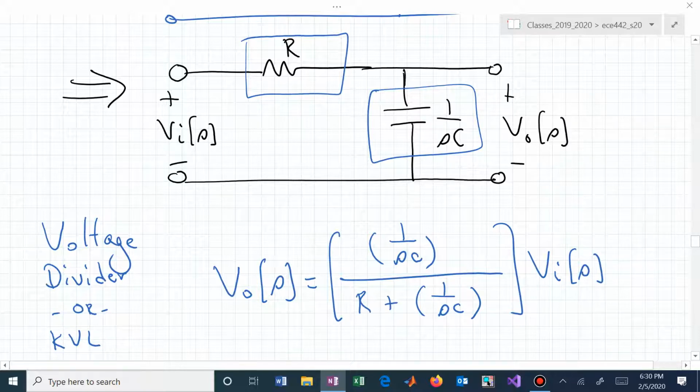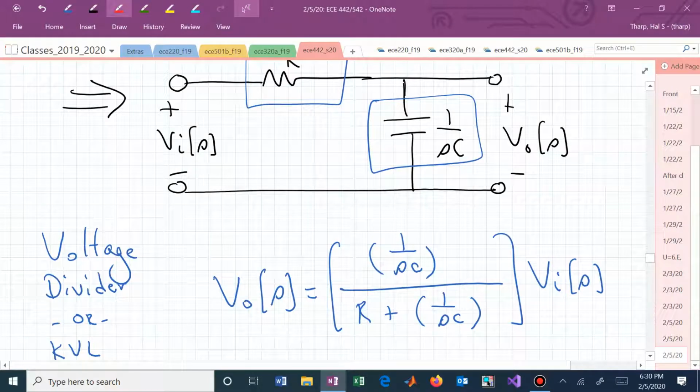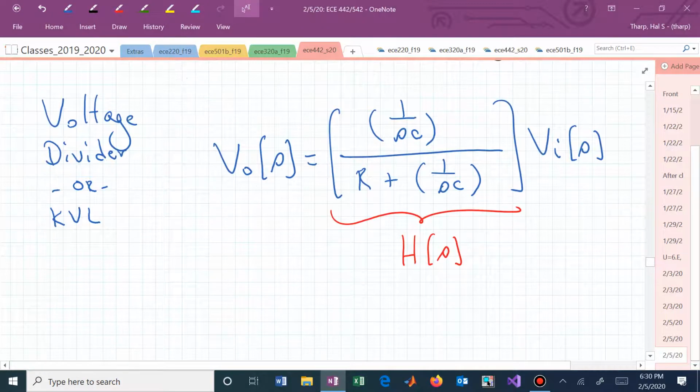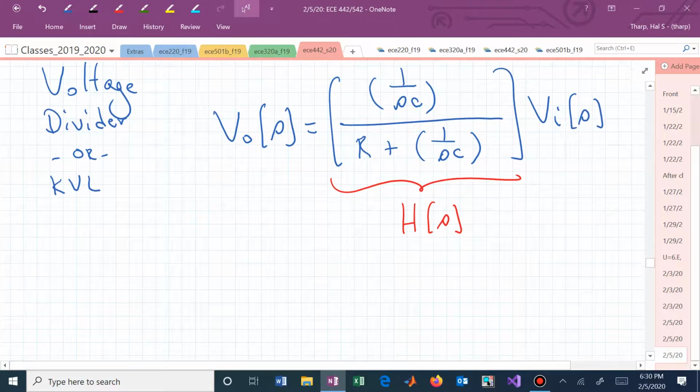That now, in square brackets, is the transfer function. And you now have ratios of ratios. You're going, maybe I should clean that up a little bit.